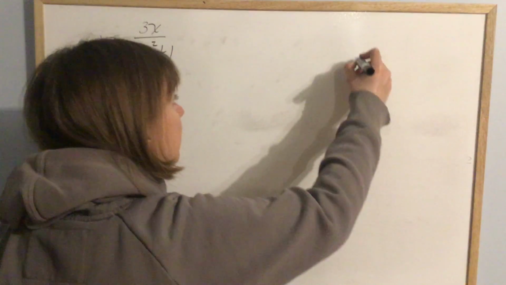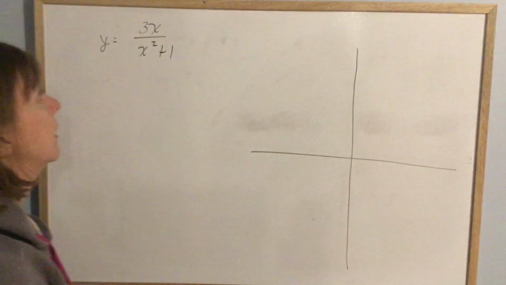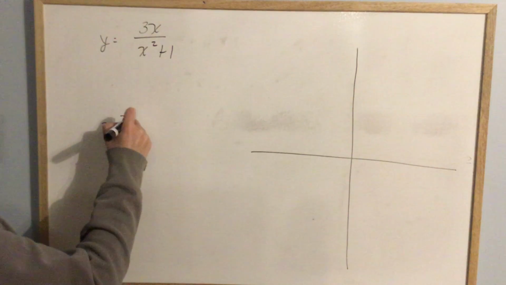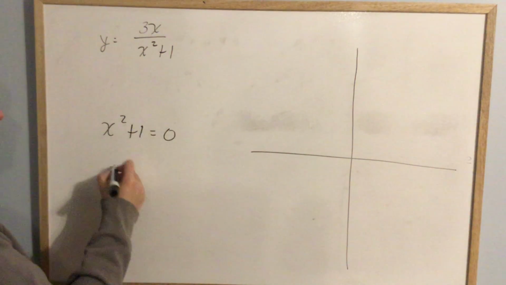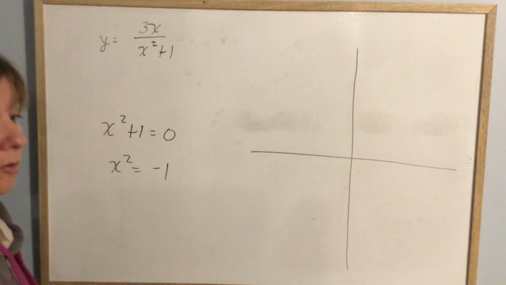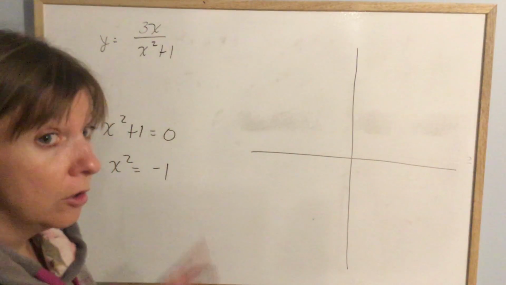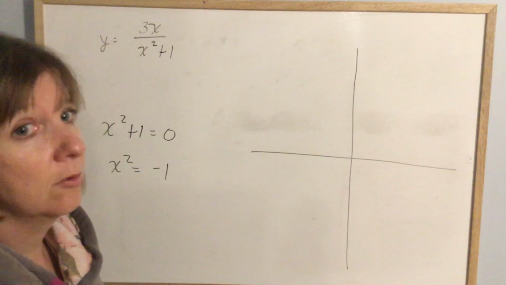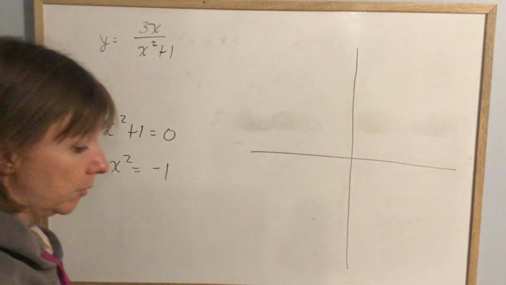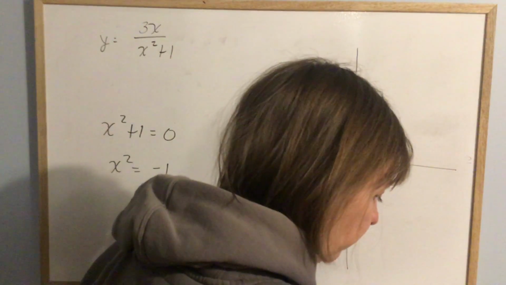So in terms of vertical asymptotes, x squared plus 1 would equal 0. So x squared would equal -1. You can't take the square root of a negative number. So guess what? There is no vertical asymptote, because there is nothing that would put 0 on the bottom of a fraction for 4e. There just isn't one.